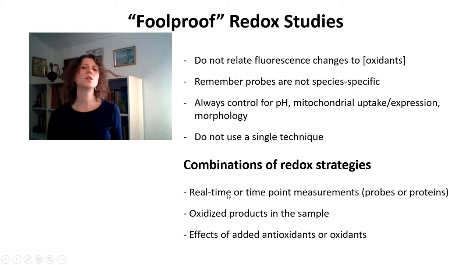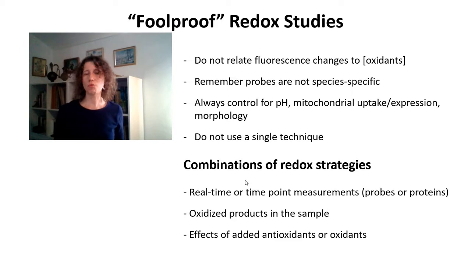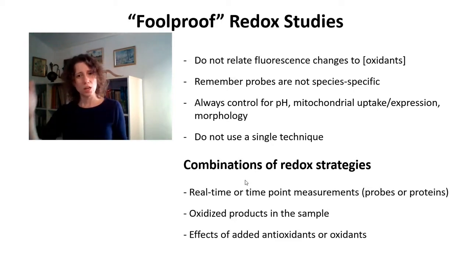One approach is to try to measure your oxidant, either with a real-time measurement, encoded probes, fluorescent probes, or with a time point measurement such as the Mito-P, Mito-B system that I showed you. Most people like these measurements over time. There really is no reason to do time scans in most studies. It can be a specific time point measurement. I think it's just a psychological thing that most of us like to see this increase over time. It's not necessary in most experimental situations.